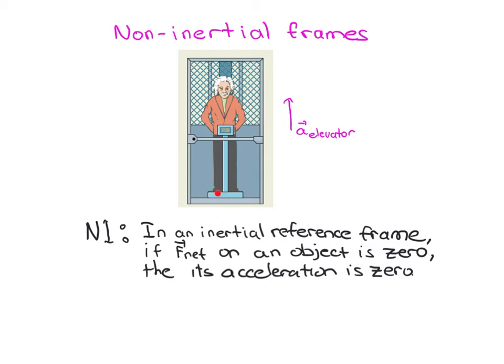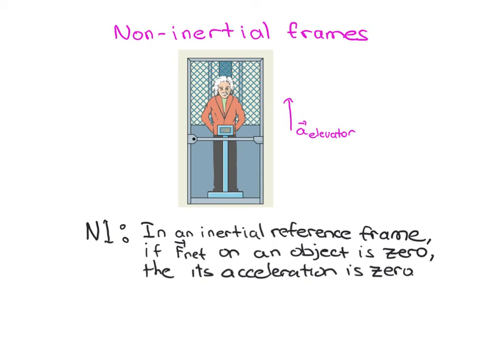There is still the force of the scale on his feet. The scale will read the magnitude of that force, and yet Al will notice that relative to the elevator, he is not accelerating. So therefore, Al will conclude that he is not in an inertial reference frame, and Newton's first law is not valid.